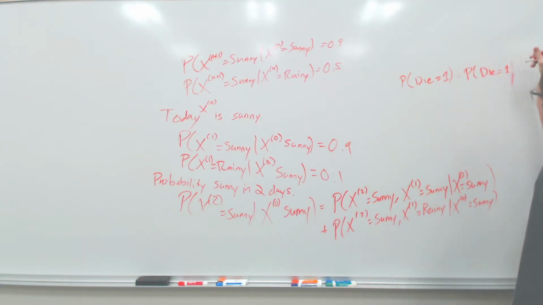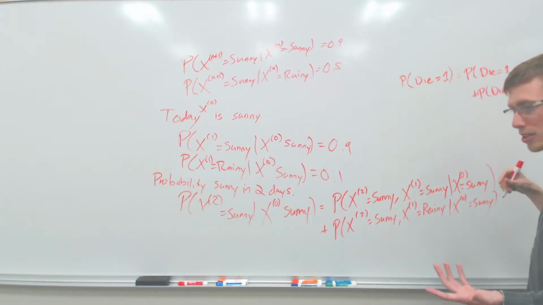It could be the probability that I roll the die after I flip heads, plus the probability that the die I roll equals 1 after I flip tails.